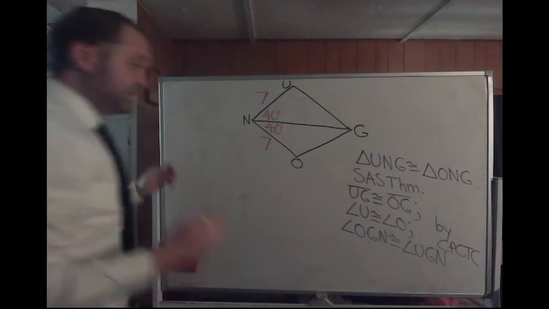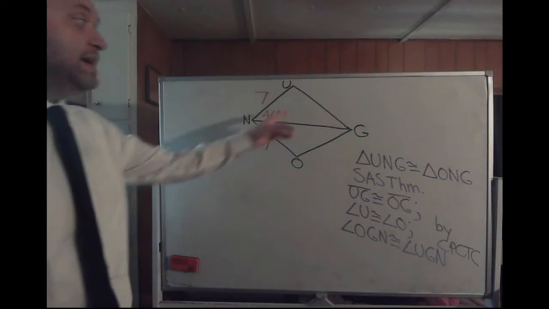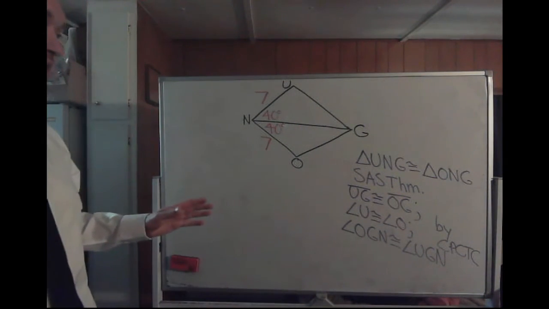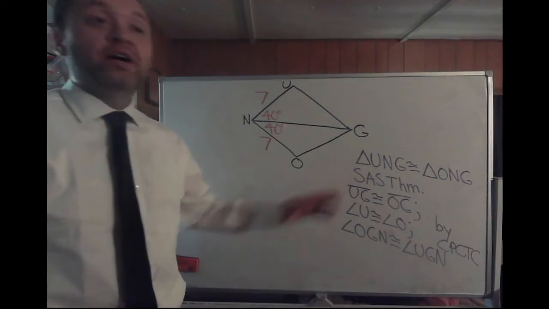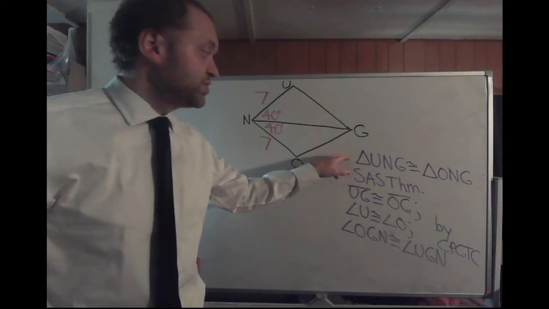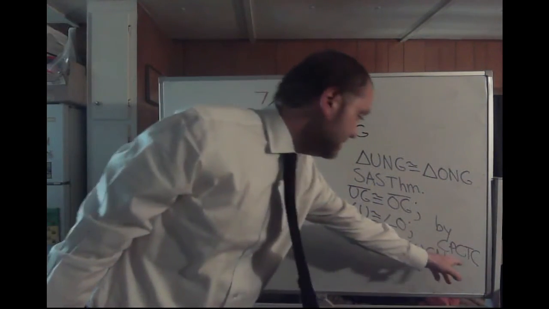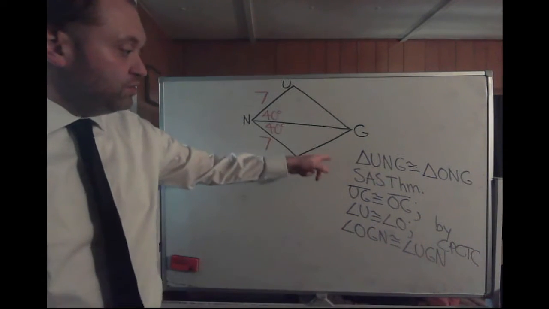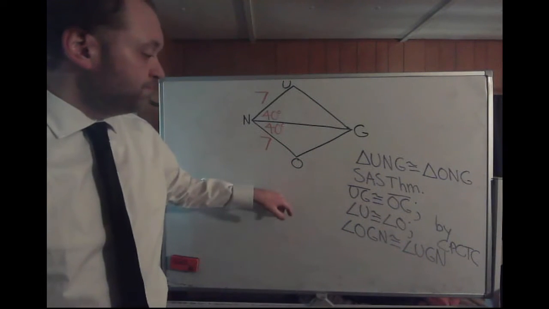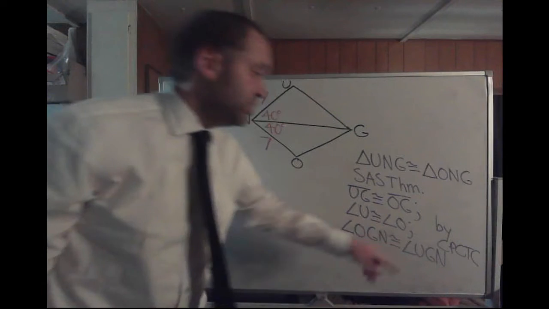So when we're doing some of these, you might be looking for inequalities, but in this case we actually had equalities, congruences. So ultimately, by the side angle side theorem of equality, we were able to conclude that these two triangles are congruent to each other, which then means by CPCTC that sides UG and OG are congruent, angles U and O are congruent, and then angles OGN and UGN are congruent to each other.